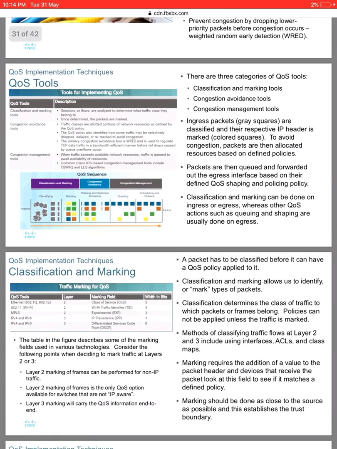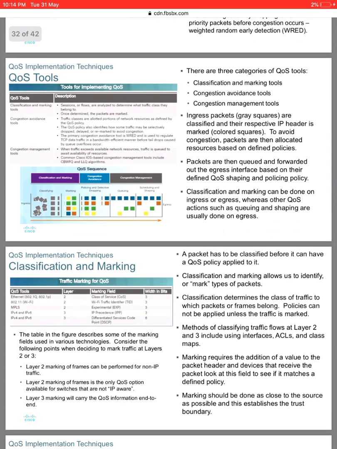So, ingress packets, the gray squares, are classified and their respective IP header is marked, the color squares.